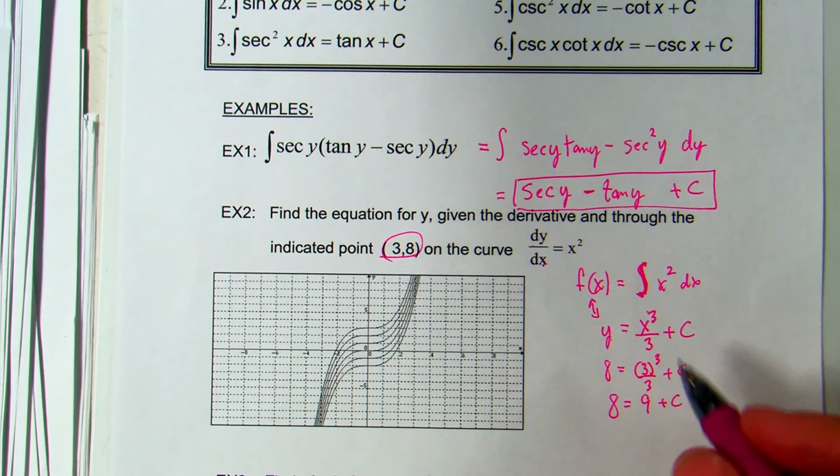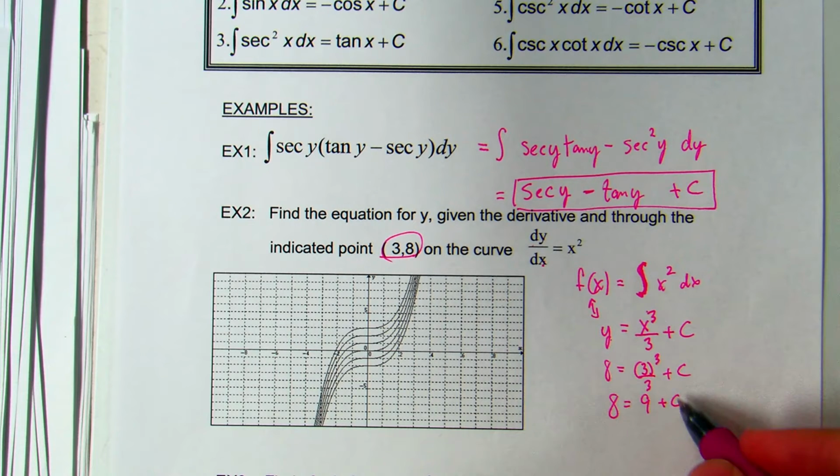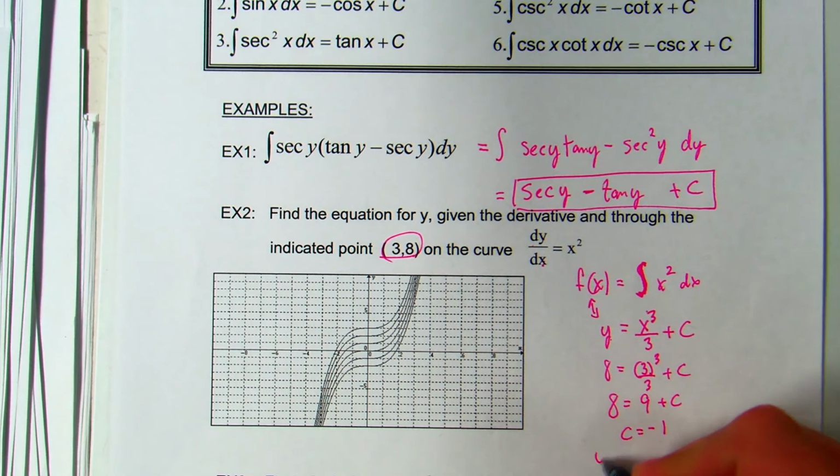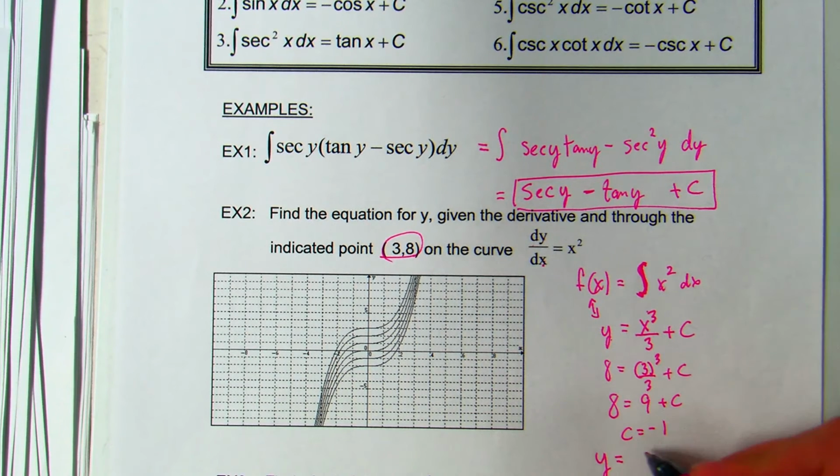And if I take the 9 over to the other side to isolate c, to find out what it is, c is going to equal negative 1. And that's all we need. That's all the parts we need here to finish out writing the equation. So the equation is going to be y equals x cubed over 3 minus 1.